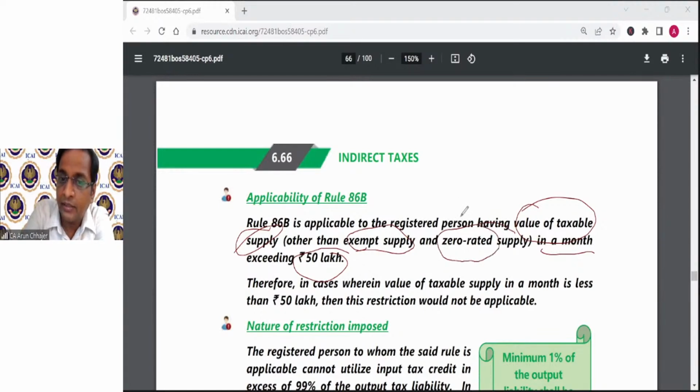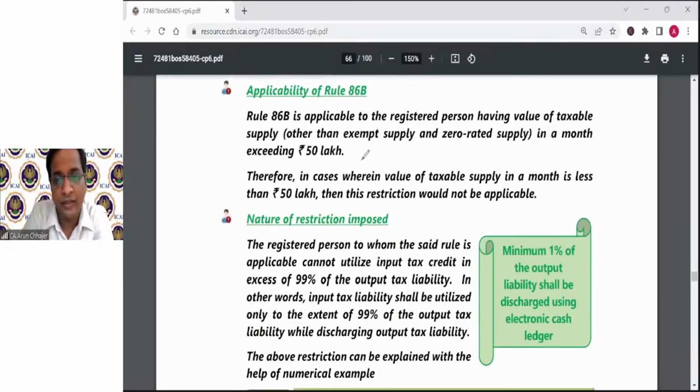Other than exempted and other than zero rated, if the total value of taxable supply exceeds 50 lakh, then 86B will be applicable on such taxpayer.